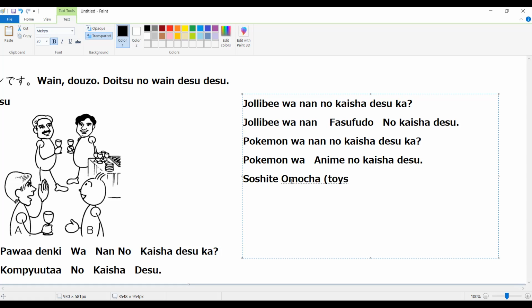So it will become おもちゃの会社です。 はい、omocha no kaisha desu. Okay. And do you know that in Japan, they also have what they call Pokemon Cafe. Okay. Pokemon Cafe. Let me show that to you.